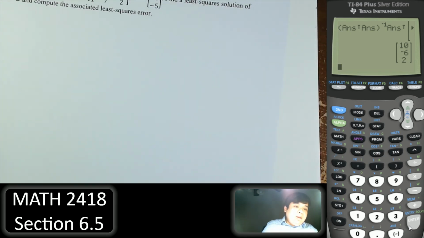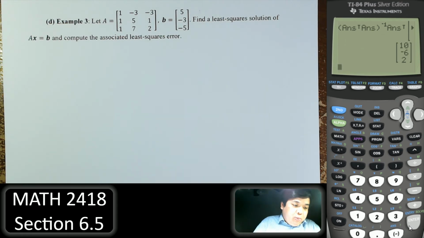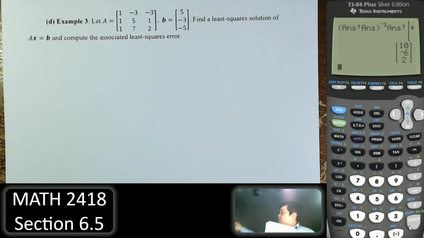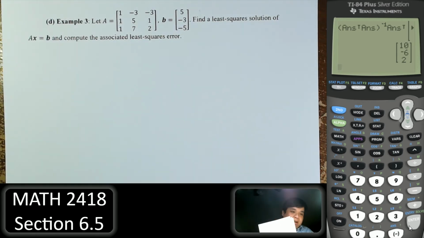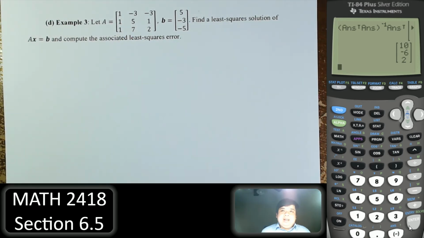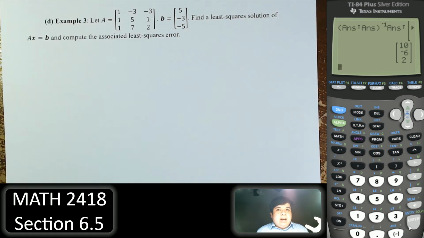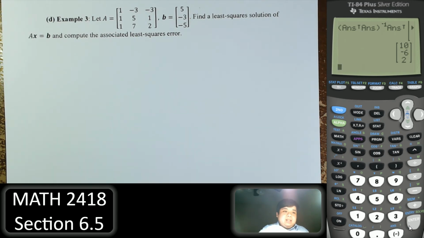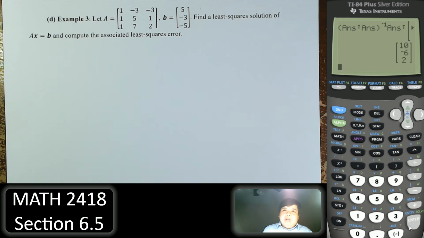Right. Next, find a least square solution of Ax equal to b and compute the associated least square error. Now, how is this problem different from any of the problems that we did so far? What is the difference here? This is a square matrix, right? So if it is a square matrix, that means all of those vectors of A are in the same space as this. So the bottom line is the least square solution is the same as just the solution.